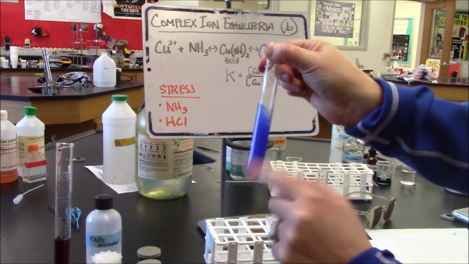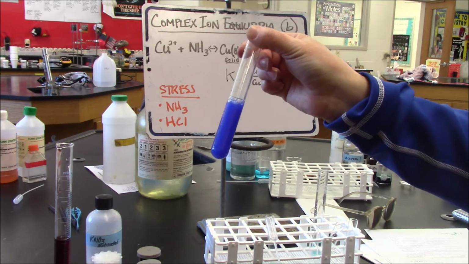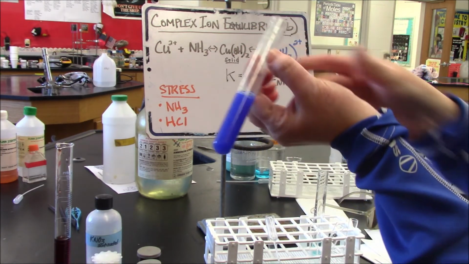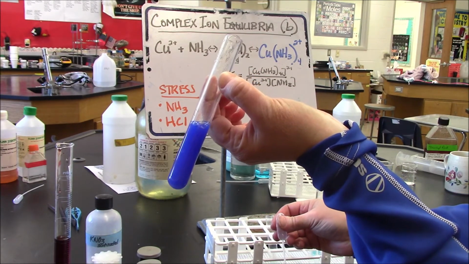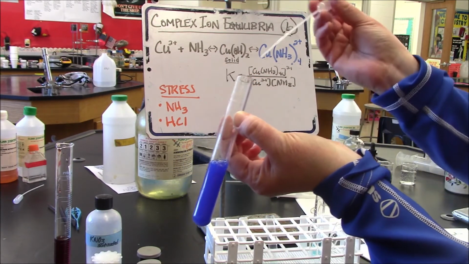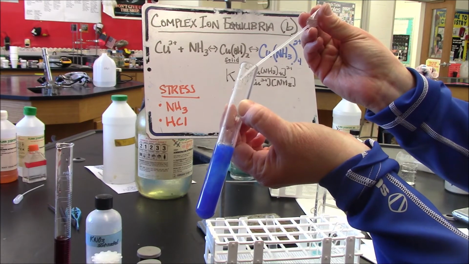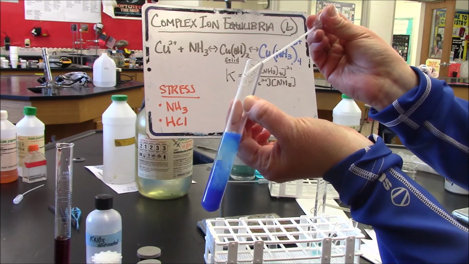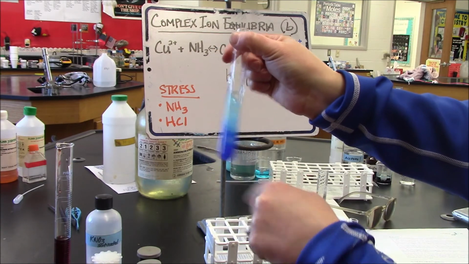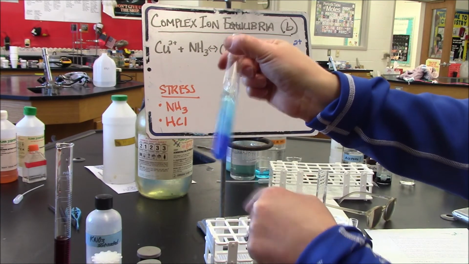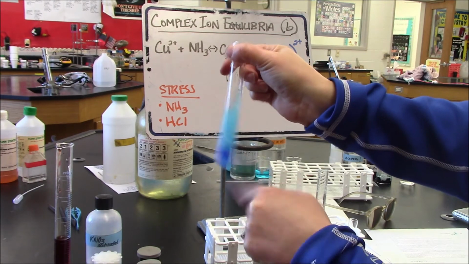Okay, here we go. All right, so I've established the formation of my complex ion, and now what I'm going to do is add acid. That acid is going to pull the ammonia out of the complex ion and drive the equilibrium back.